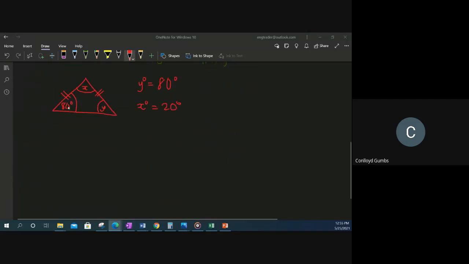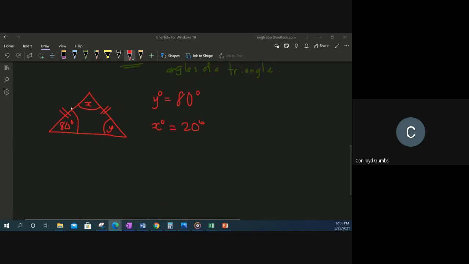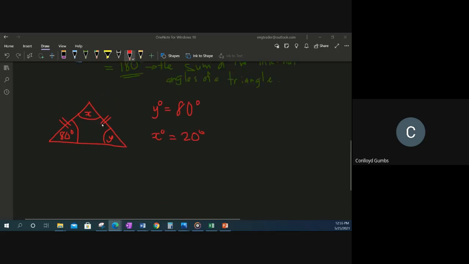Now we're looking at this triangle here, and we realize that these two lines indicate that these are the same length. So if these are the same length, that means the angle here, if it's 80, this angle here must also be 80.